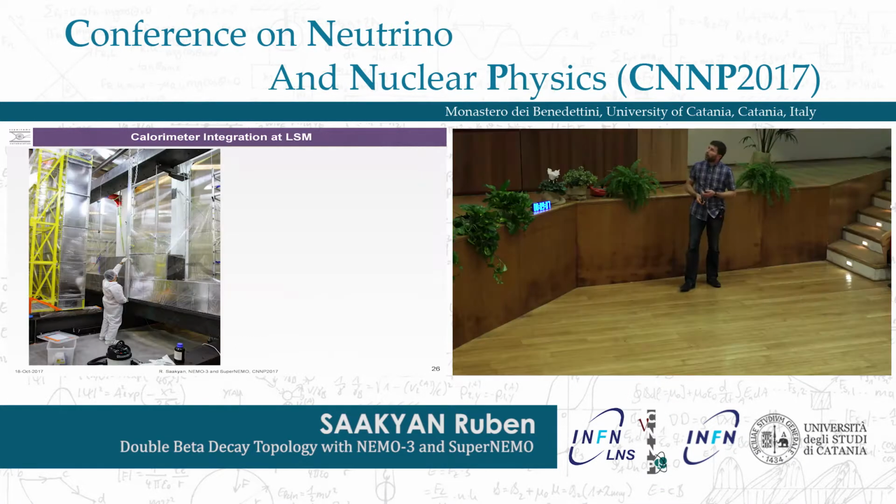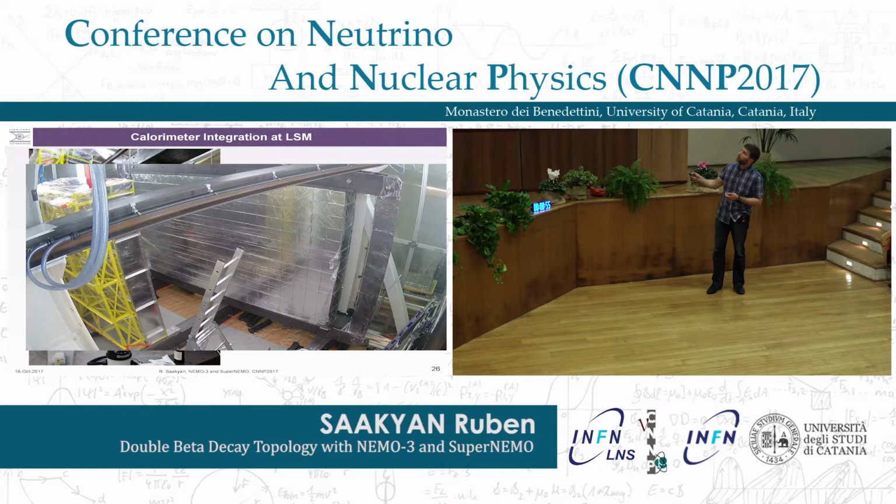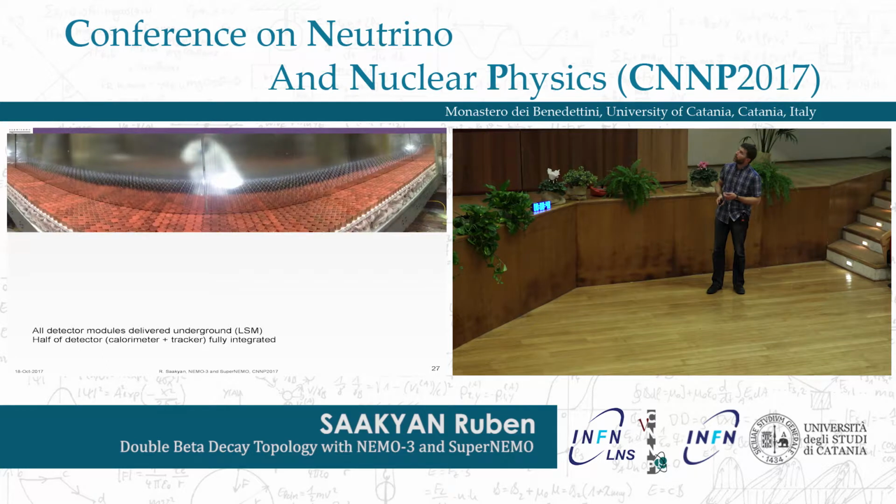Okay, so a couple more pictures of the assembly process of the demonstrator construction. You can see how this is populated, and this is the full calorimeter wall now populated with the optical modules.